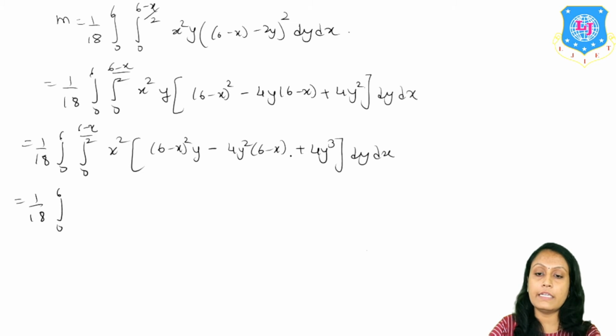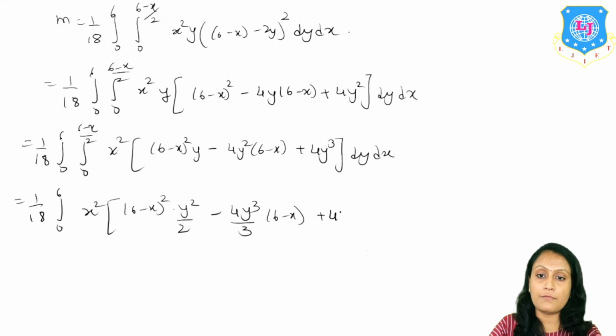Now we will integrate this with respect to y. So x square as it is, here (6 minus x) whole square into y square by 2 minus 4y cube by 3 into (6 minus x) plus 4y raised to 4 upon 4, and the limits are from 0 to (6 minus x) upon 2, dx.